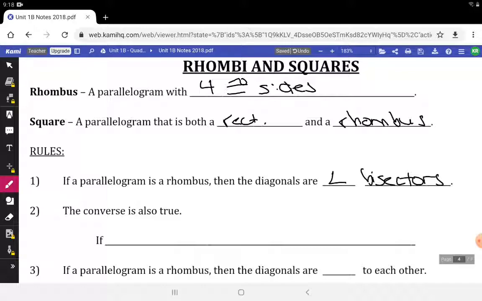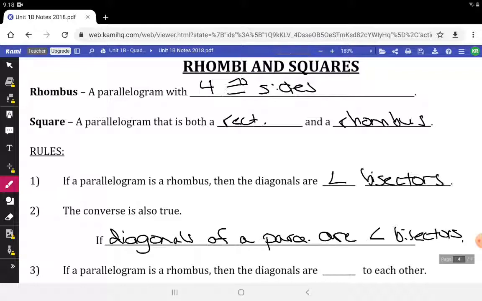The converse is also true. So if the diagonals of a parallelogram are angle bisectors, then it is a rhombus.